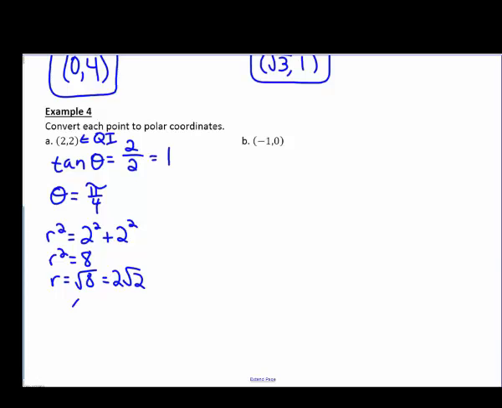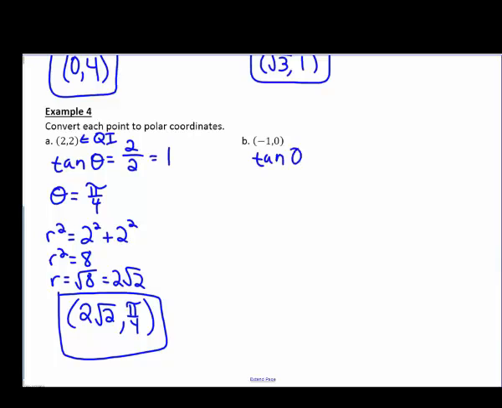And so our ordered pair would be 2 square root of 2 and pi over 4 as the point on the polar plane. All right, and then for part B, again, we're going to take tangent of theta equals 0 over -1. This one's kind of a trick question because it is on the x-axis, so it's not actually in a quadrant.